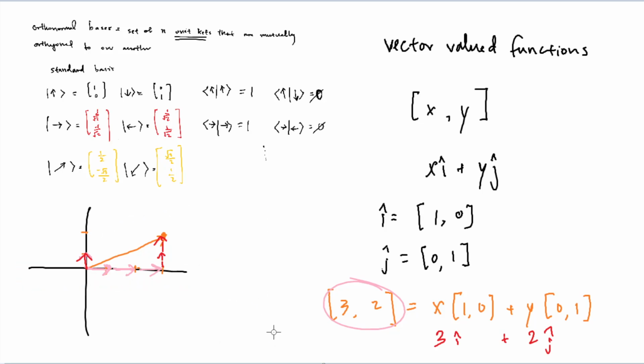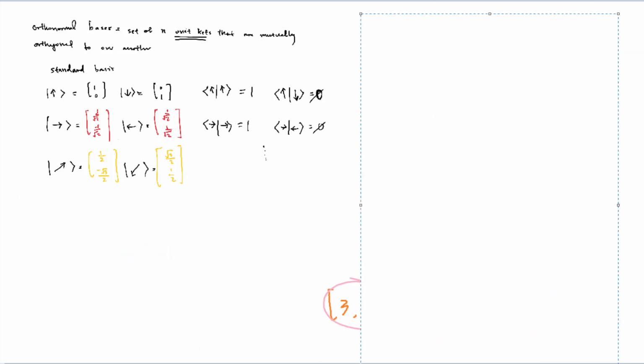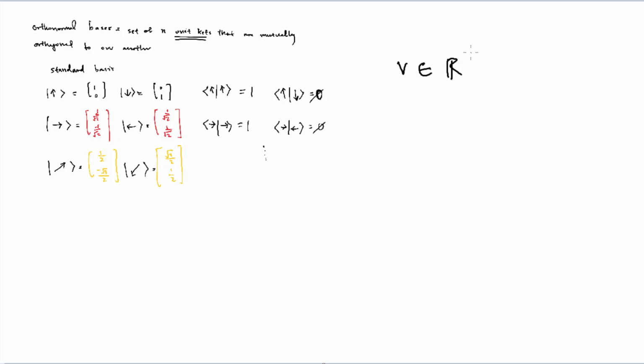Now let's take what we know and go back to our initial statements. Let's keep in mind that we're referring to two-dimensional vectors. These have 2 elements in each of them. Let's say some vector v that is part of the set of all possible real two-dimensional vectors.